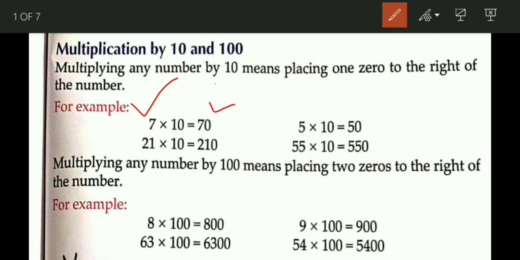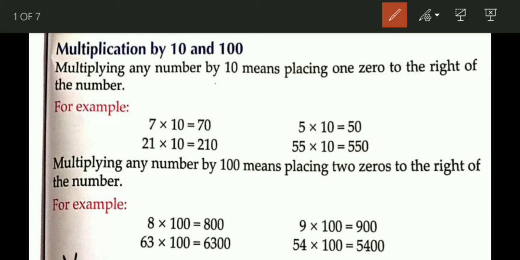So again here also, the second one, 5 into 10 is equal to 50. So you can see that 5 remains the same, and they only add 0 at the end. Alright, even this one also, 21 into 10 is equal to 210, they put a 0 at the end.